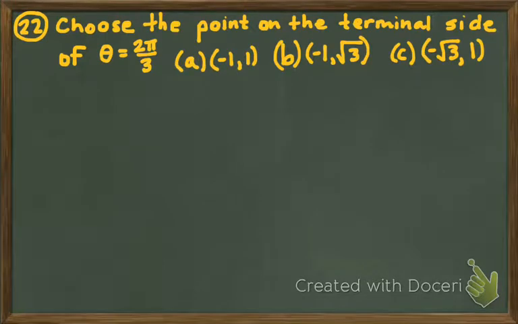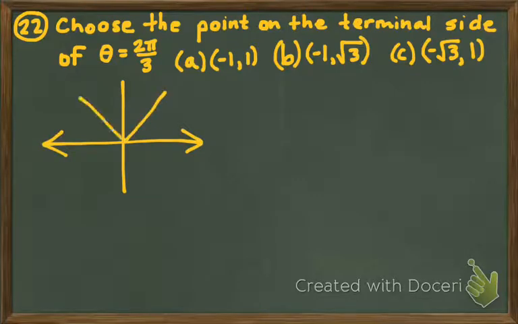Number 22, choose the point on the terminal side of 2 pi thirds. All right, well, this one is testing your knowledge of special right triangles. If this is 1 pi thirds and this is 2 pi thirds here, which would be a decent approximation, because pi thirds is 60 degrees, that would put this at 120 degrees.